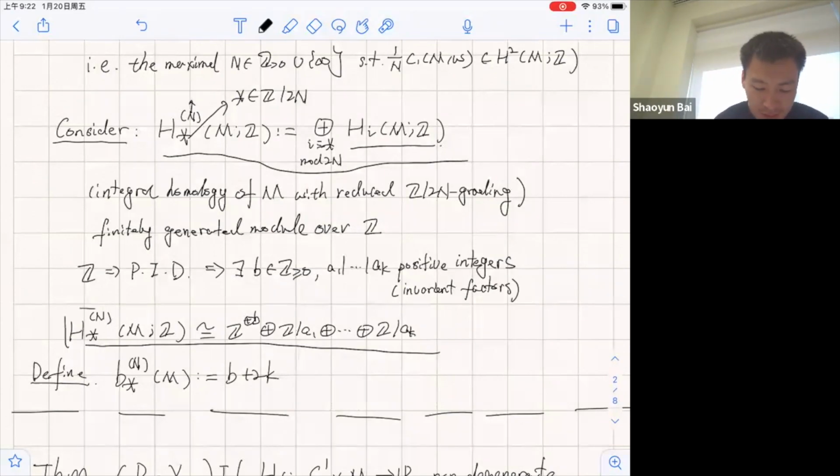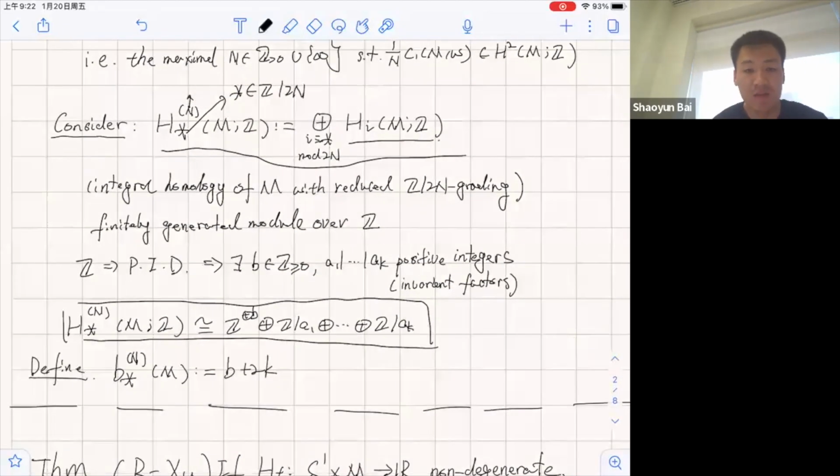Using this structural statement, we can define some kind of numerical invariant out of this homology group. What we do is we take the sum of b, which is the rank of the free part, together with 2 times K. Let me explain.